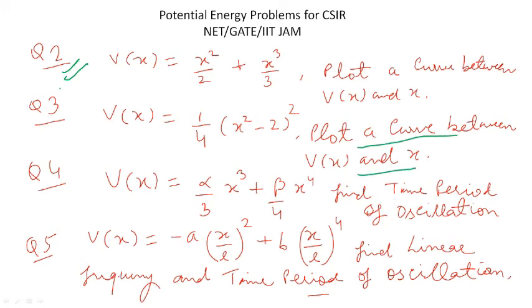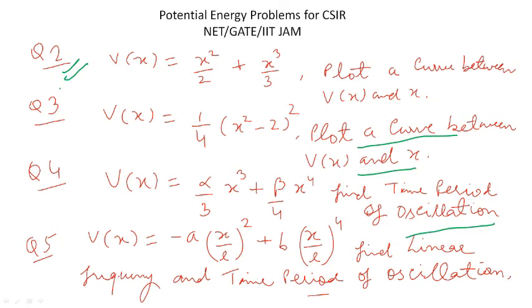And the fourth problem is a very important problem, and it has come many times in NET and IIT JAM examinations. Here Vx is equal to alpha by 3 x cube plus beta by 4 x to the power 4. Here you have to find the time period of oscillation, right?